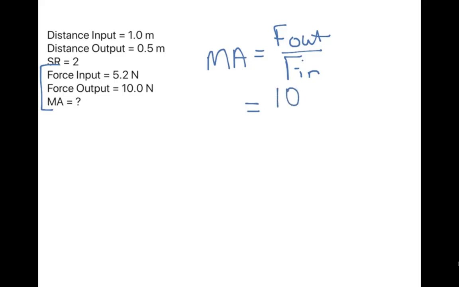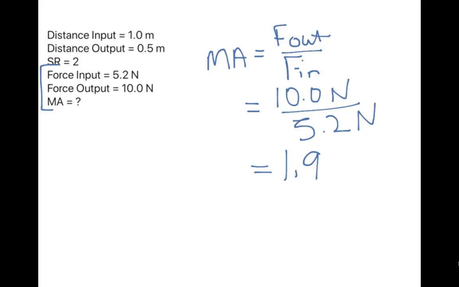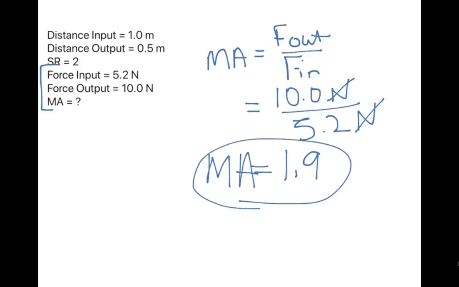That equals 10.0 newtons divided by 5.2 newtons. This one you might need a calculator. 10 divided by 5.2 will be reasonably close to 2, and it is about 1.9. No newtons, those cancel, just 1.9. So mechanical advantage is 1.9.